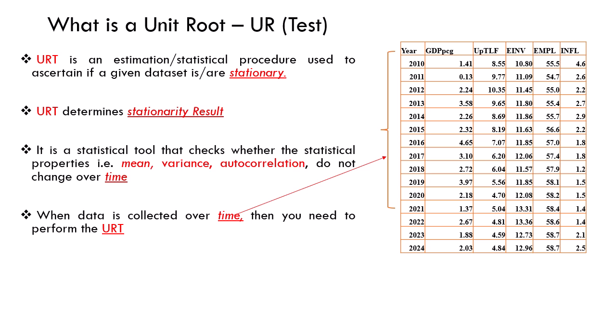But recall, this is not so with the behavioral randomness of the way this data is collected. So when data is collected over time, then we perform the unit root test. This is a yearly data, but unit root tests can also be performed on daily, weekly, or monthly data sets.